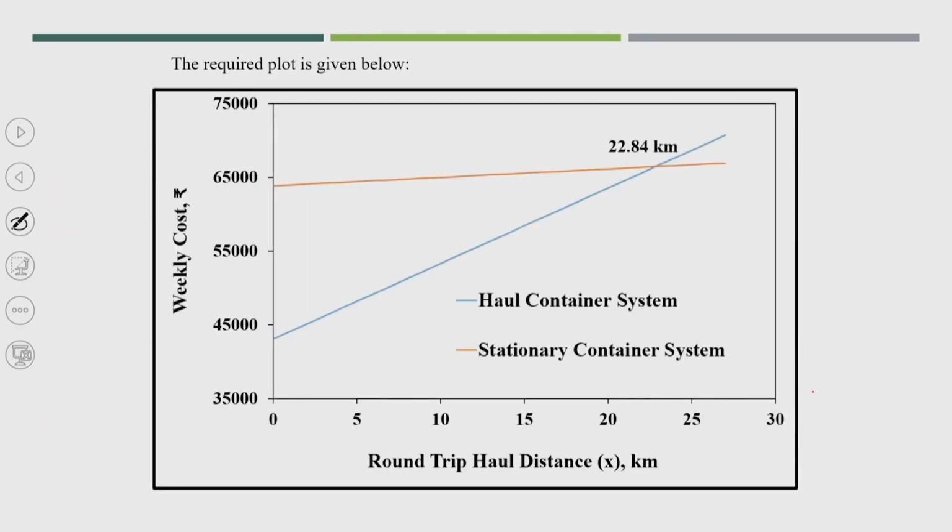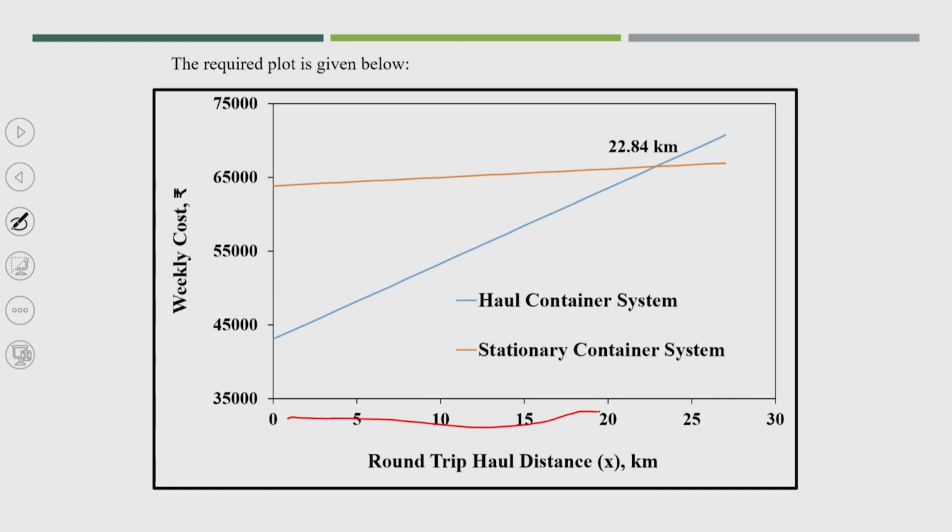So, we plotted this graph between round trip haul distance versus weekly cost, and surprisingly you see in the graph that for the haul container system, for up to around 20 kilometer, the total cost was lower than the stationary container system.